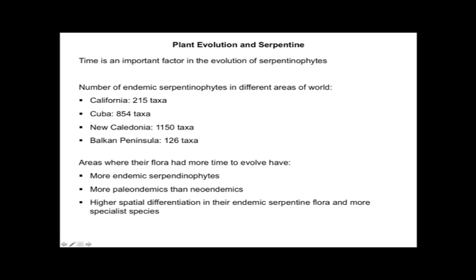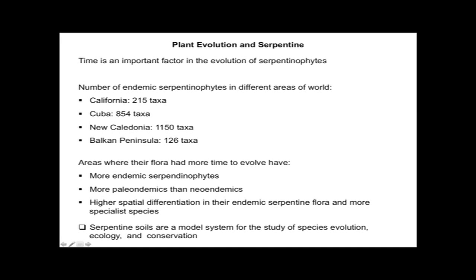And more of the endemics are paleoendemics than neo-endemics. And in these areas, there is also a higher spatial differentiation in the serpentine flora and the existence of more specialist species, species confined to certain, for instance, serpentine islands.